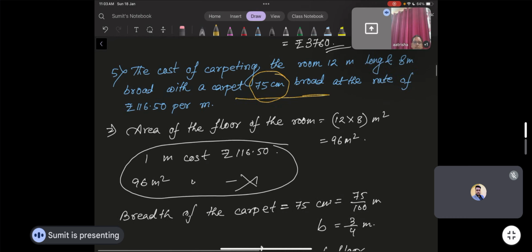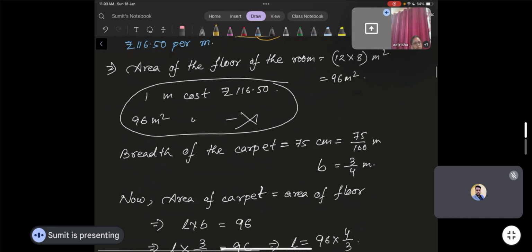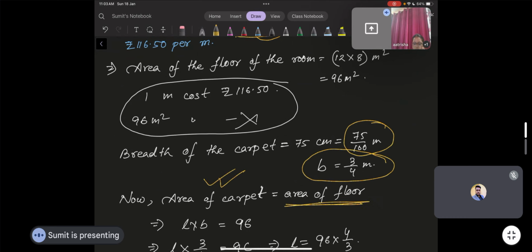So if I take the breadth as 75 centimeter, convert into meter, that means we will divide by 100. So breadth will be 3 by 4 meter, and let us take the length of the carpet as L or X, anything. Now since the whole floor will be carpeted, that means the area of the carpet needed should be equal to the area of the floor.